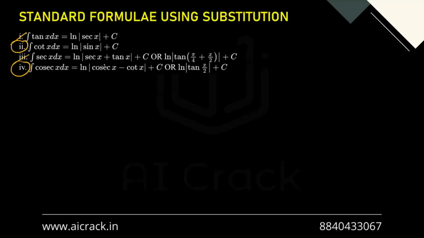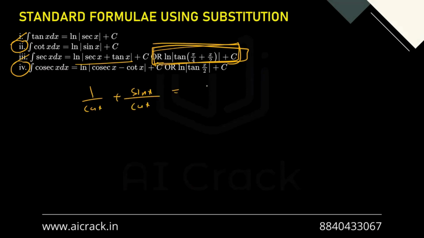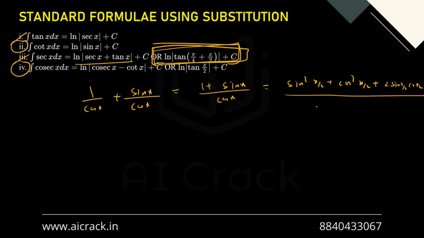I can see that over here we have got this version, but we have to look at the other version as well. So how do we do that? We have sec x plus tan x. Let's convert this into sine and cos. Sec x is nothing but 1 upon cos x, and tan x is nothing but sine x upon cos x. Now this becomes 1 plus sine x upon cos x. Now 1 can be written as sine square x by 2 plus cos square x by 2, and sine x can be written as 2 sine x by 2 cos x by 2, divided by cos x, which can be written as cos square x by 2 minus sine square x by 2.